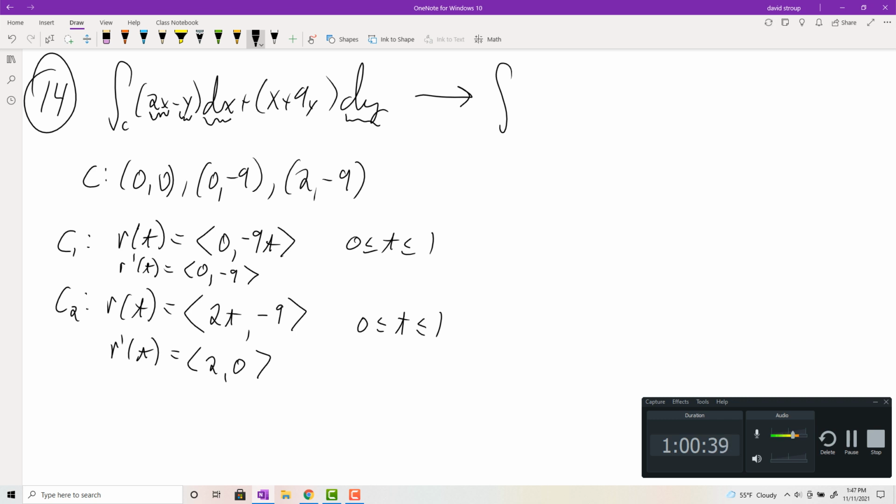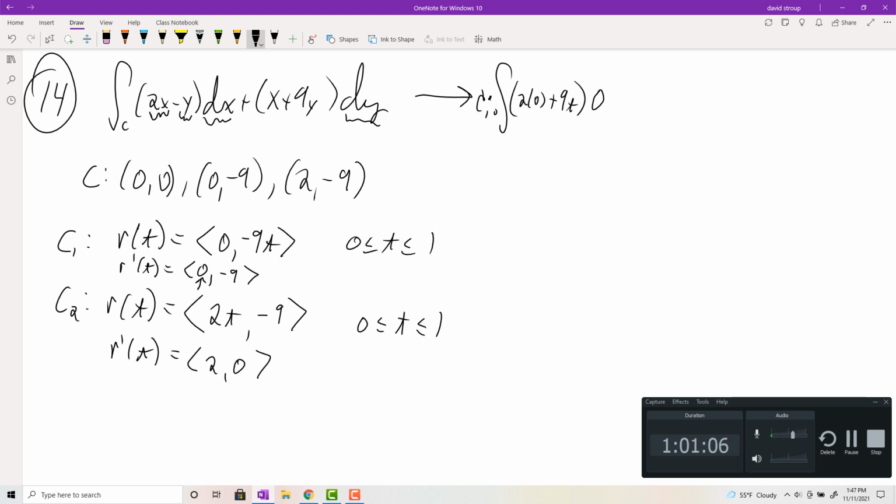Okay, so rewriting all of this using first curve 1. I have 2x, so that'd be 2 times 0. A lot of times a lot of it will just be 0. And then minus y, so minus negative 9t is plus 9t, times dx, and that is this guy right here, so that's 0.